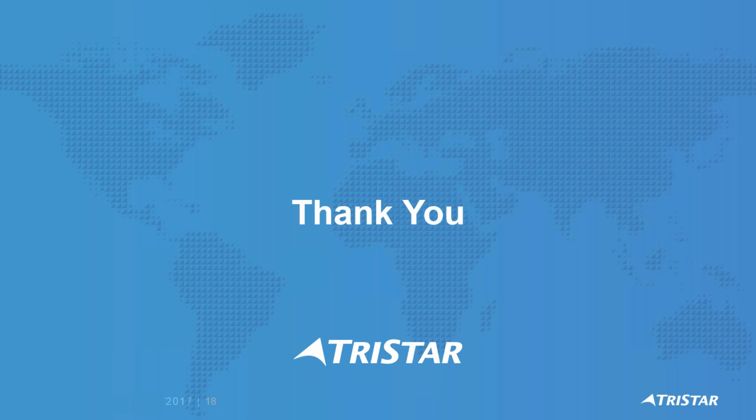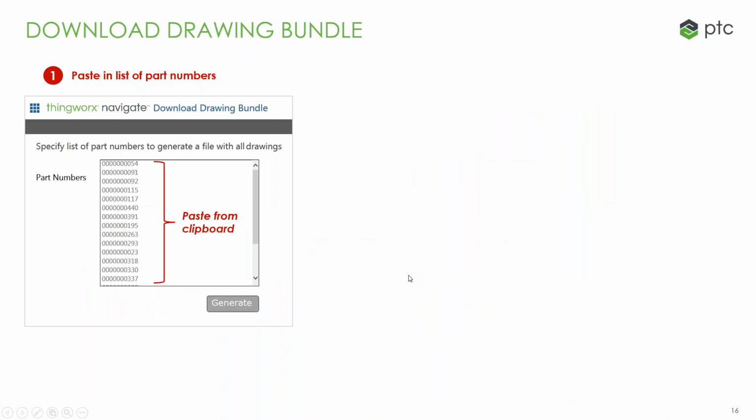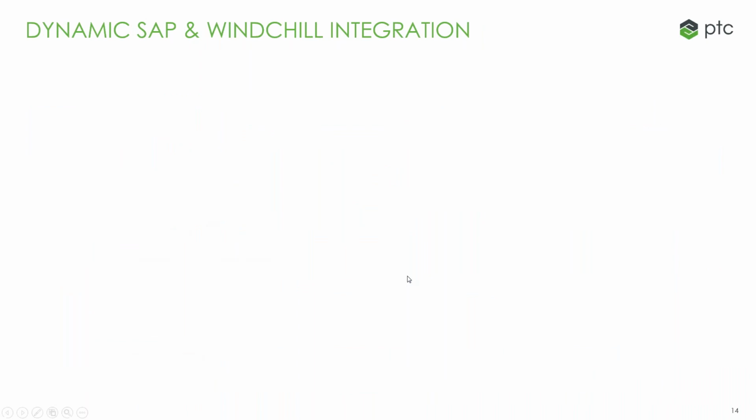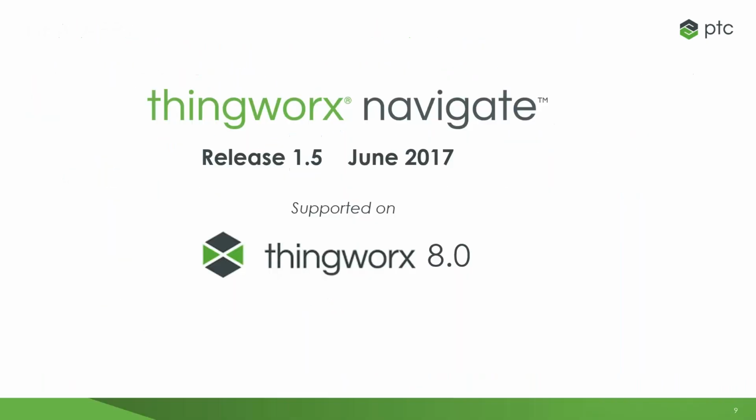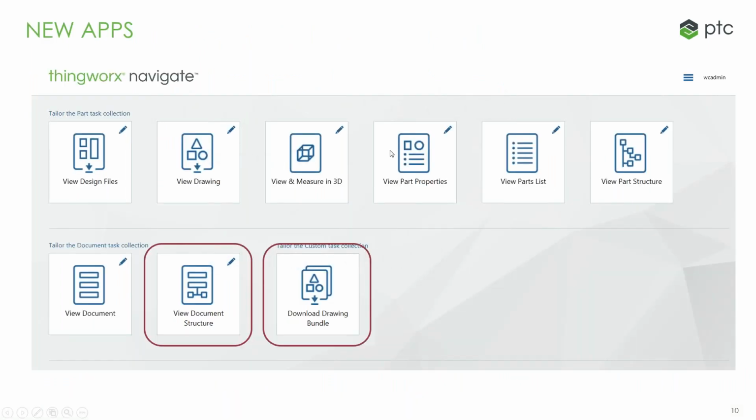If I go back to my summary of apps at the beginning, there's this app called View and Measure in 3D. If you expose this to the viewers and open up a drawing that has a PDF file as its primary content, this app will actually launch Creo View.